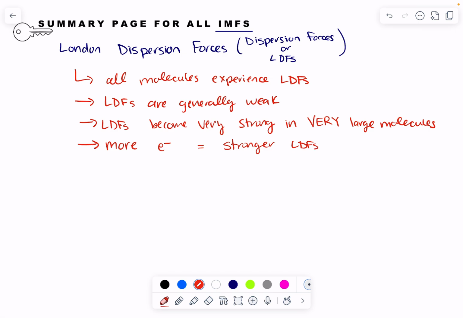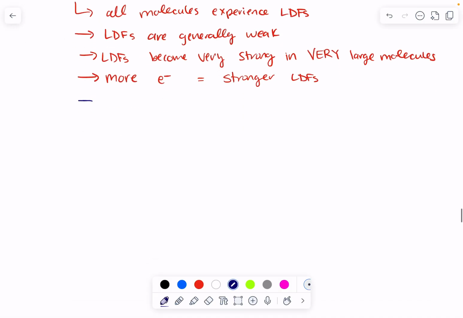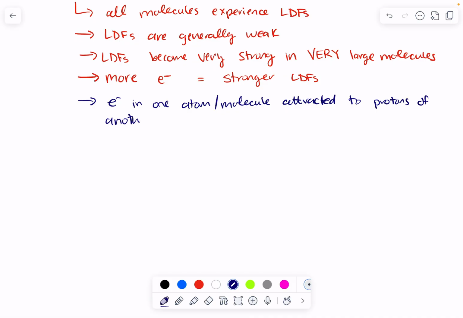Okay. So the question right now is, what the heck is a London dispersion force? And so let me answer that. A London dispersion force is simply electrons in one atom or molecule attracted to protons of another atom or molecule.